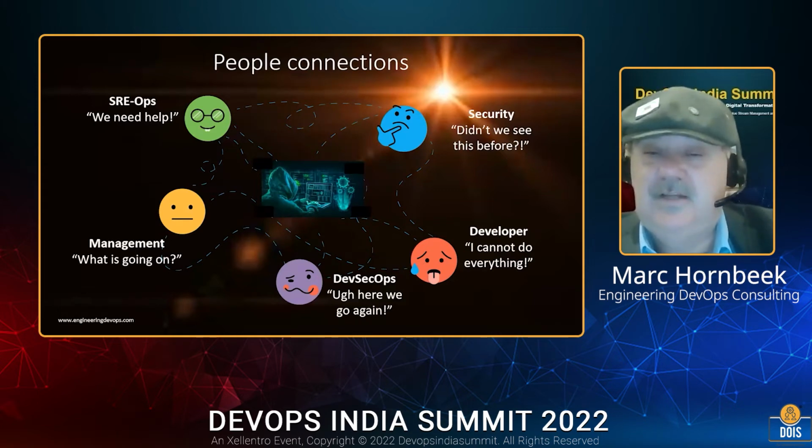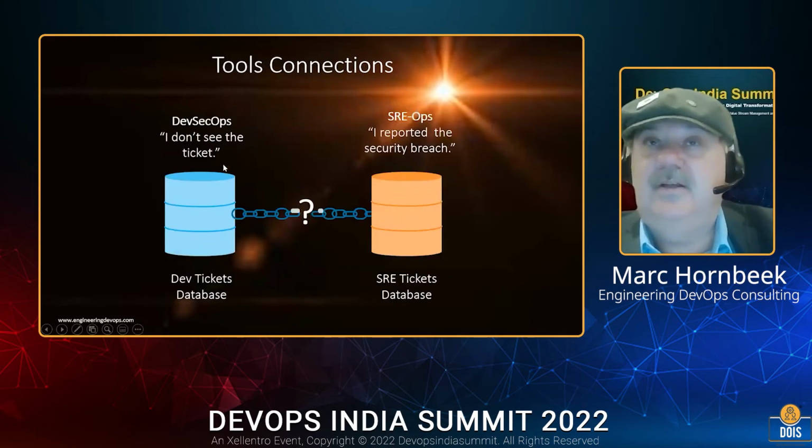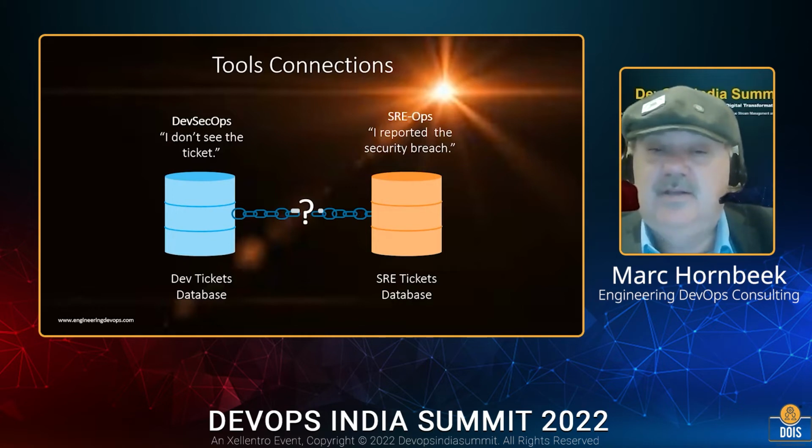Continuous security dashboards are needed to ensure people with different roles and responsibilities across the enterprise are equally informed and not disconnected. According to a recent report by Everbridge, 50% of technical leaders say silos of tools and data prevent collaboration when it matters most. The scenario shown here where the developer has a different issue tracking system than the SRE ops or security teams is a typical example.